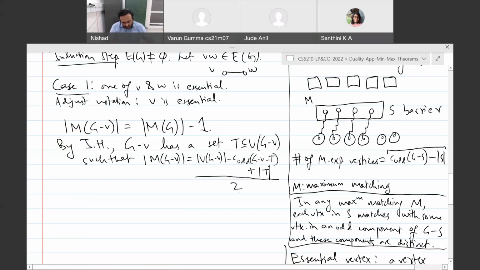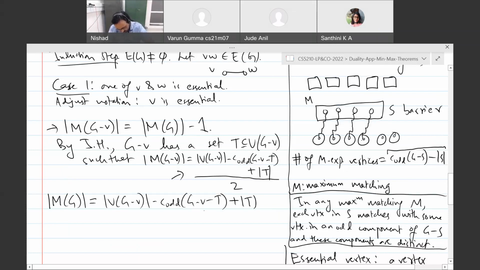Okay, well, but that means that the cardinality of the maximum matching in G is this quantity plus 1, right? By using this equation. So that means that we have, I'm going to add 1 to this.